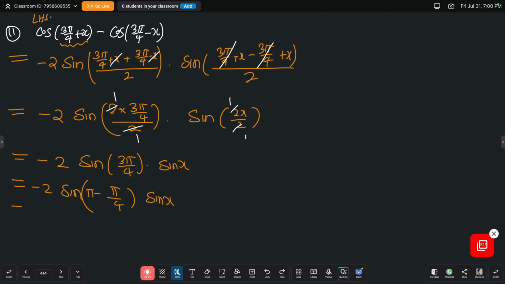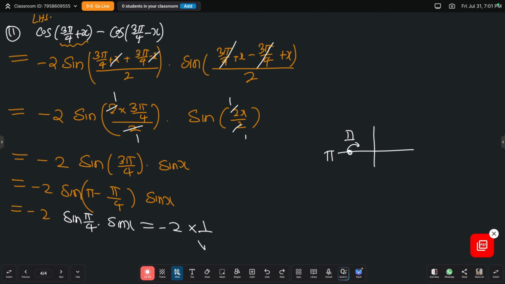Now apply quadrant rules. Minus 2 sin of pi minus theta. With pi there is no change, so sin stays sin and is positive, because this is the second quadrant: start here, then move clockwise. So sin of pi minus theta is sin pi by 4 into sin x. Minus 2 sin pi by 4, whose value is 1 by root 2, and sin x.